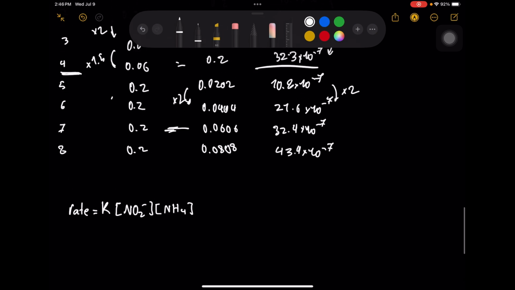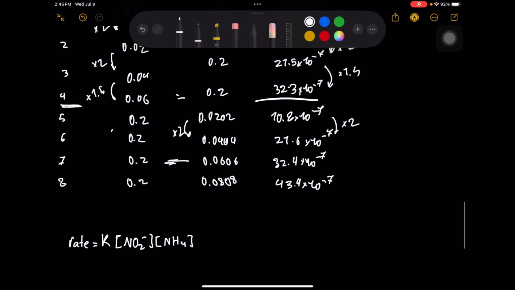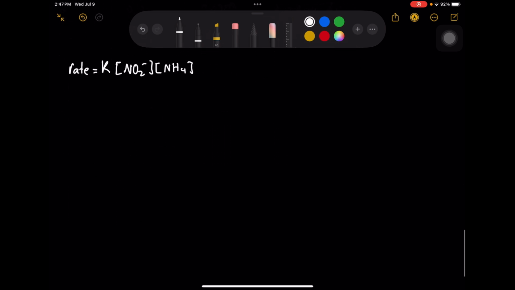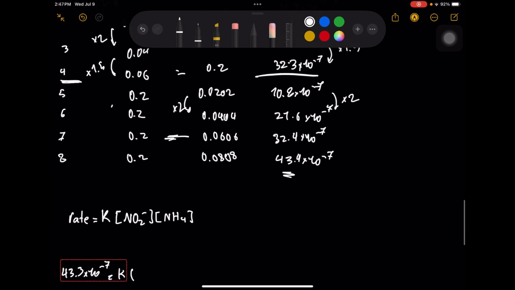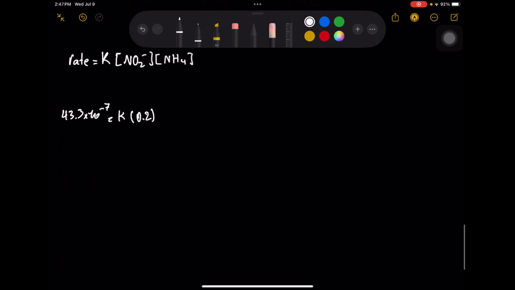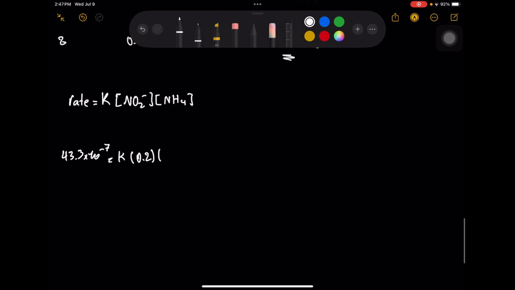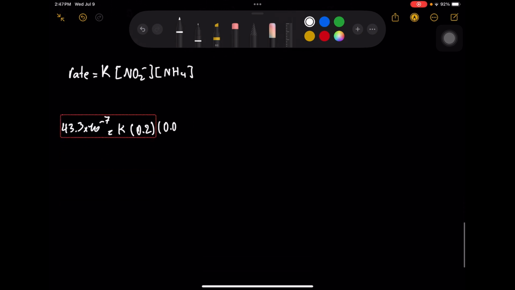If I want to give you an example of how to do it, for example, in experiment A, the rate is 43.4 times 10 to the power of -7. So rate is 43.3 times 10 to the power of -7 equals k times the concentration of NO2-, which was 0.2, times 0.0808. So how do we calculate k?